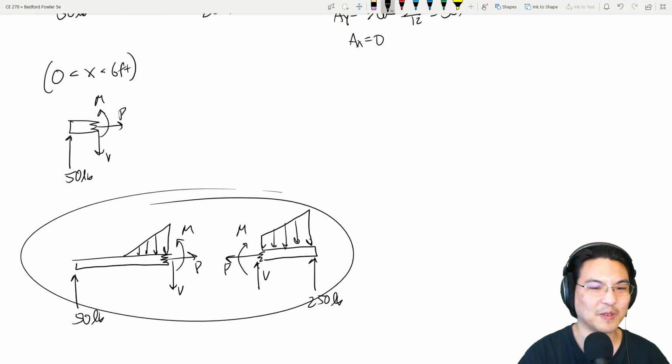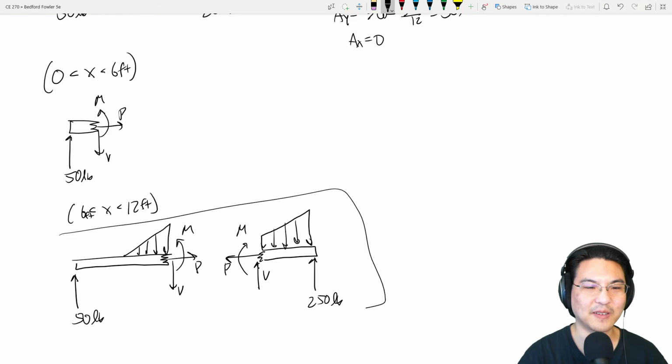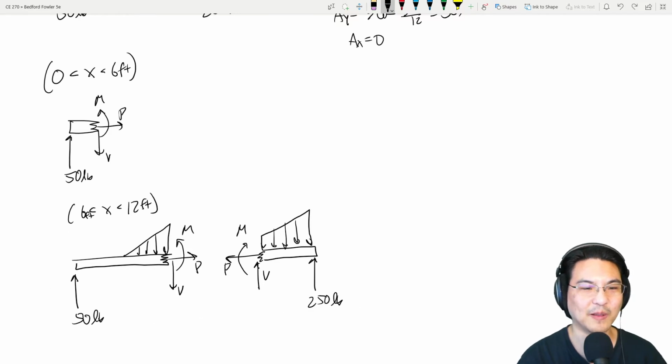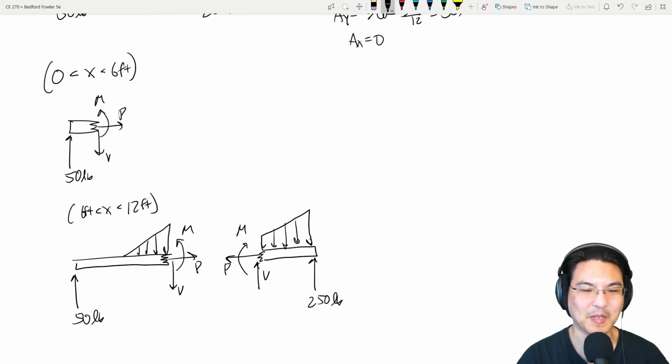And then this one was only valid between 6 and 12. Okay, and now these two sections both look terrible. So I'm not sure if there's an advantage of one over the other. I'm just going to go with this one. I mean, they both look troublesome.